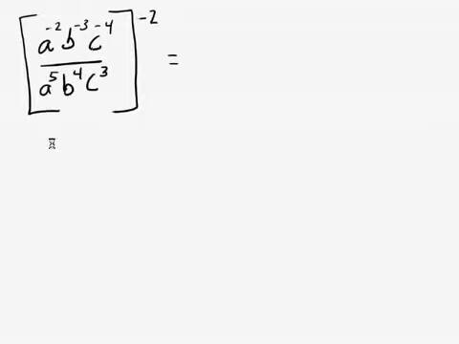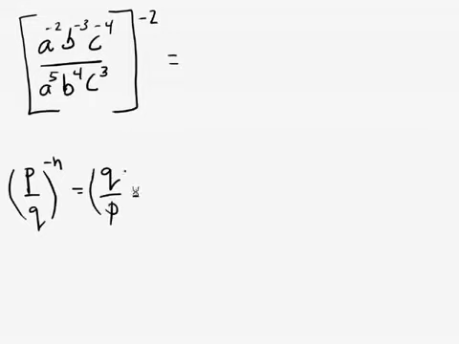Well, let me show you something real quick here. Whenever you have p over q, let's just say, raised to the negative n, which n represents any real number, this turns into q over p raised to the n power. So you flip the inside, switch the sign of the exponent.